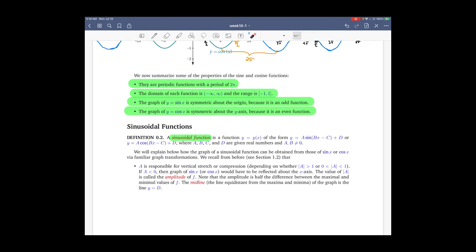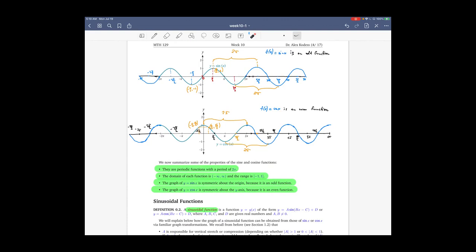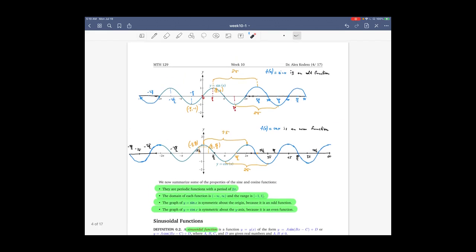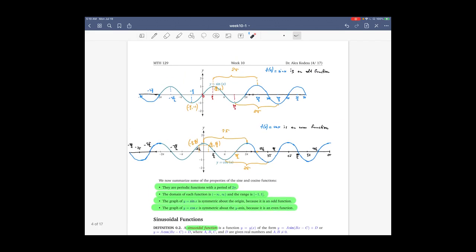By the way, I didn't mention one important thing that I believe is worth observing. You can see from the graph of sine x and cosine x that they're essentially the same curve, just one of them is a shift of the other.